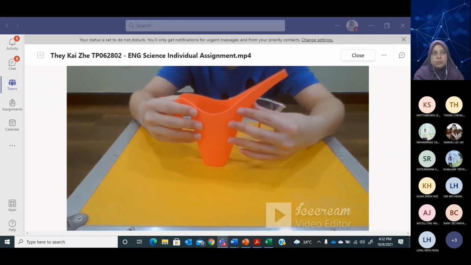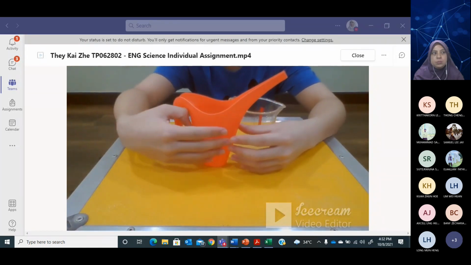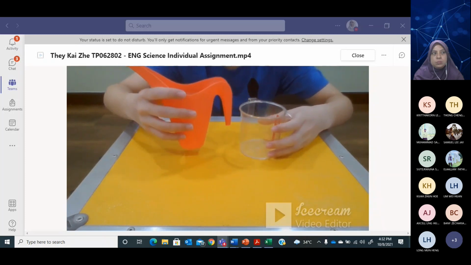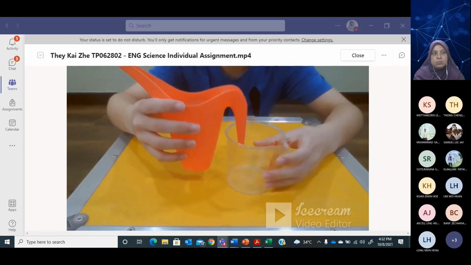Now that the watering cup is full of water, I will put this hole into the measuring cup.